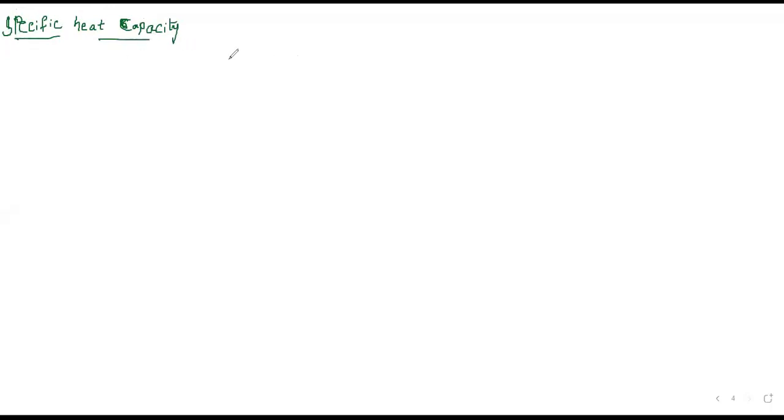In order to know the meaning of specific heat capacity, students, let me consider one simple example. Let me consider a gas or any substance. Let us say the mass of the substance is m. For this, I'm going to supply a certain amount of energy.